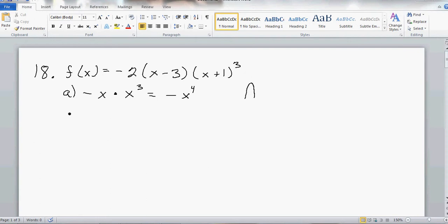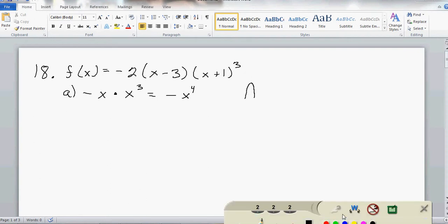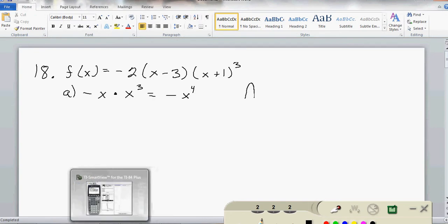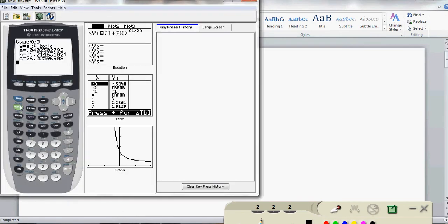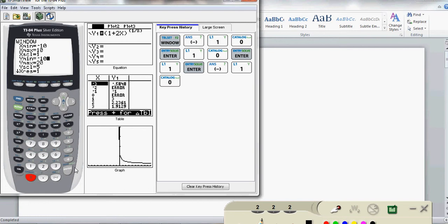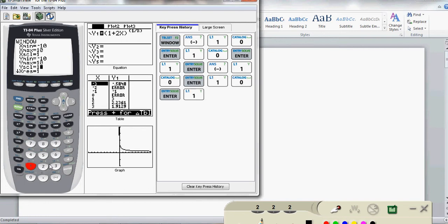Okay. Part B then asks us to go to a graphing calculator and to graph it. So we're going to do so. I'm going to set my standard window or default window, -10, 10, 1, and -10, 10, 1. And I might have to change it, but for right now, that's what I'm going to go with.